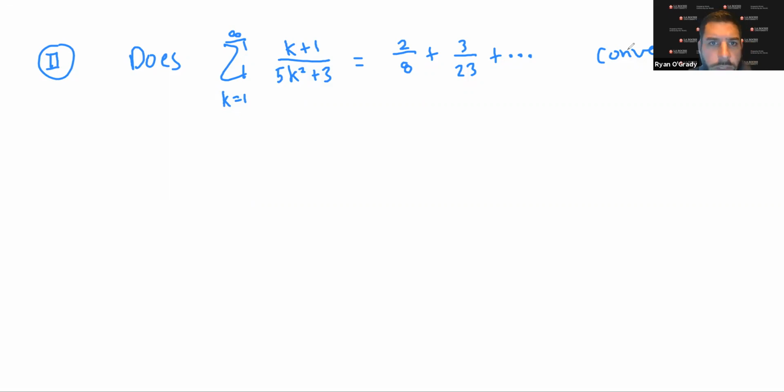Yeah, you could use the limit comparison here. That's one way of doing it, so let's do it that way. Here's the way I might think about this.